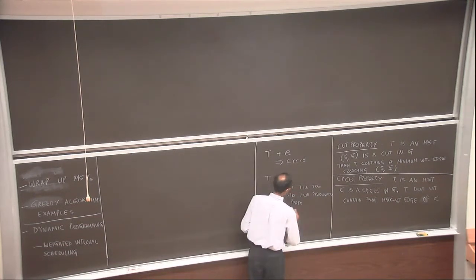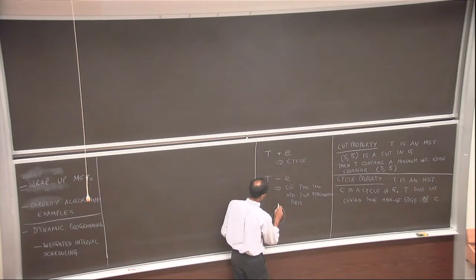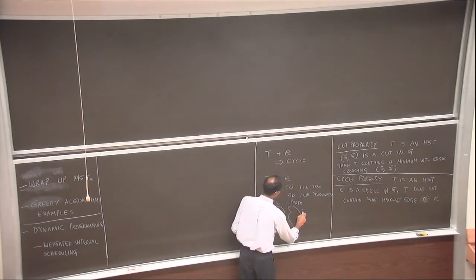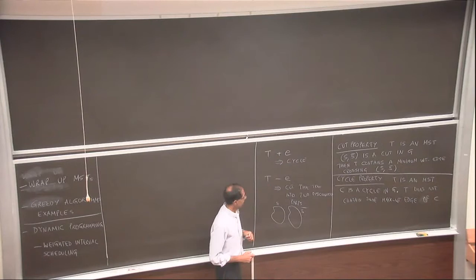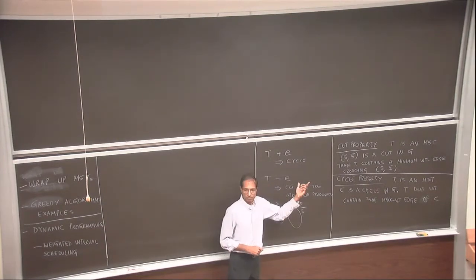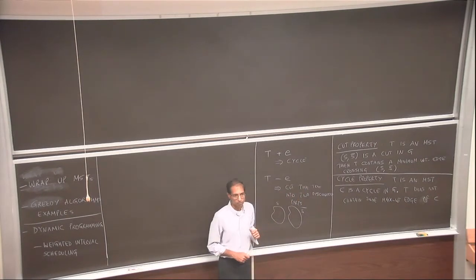One part could be S, the other part could be S complement. And it's sometimes useful to look at this cut in G, if you want to invoke the cut property.